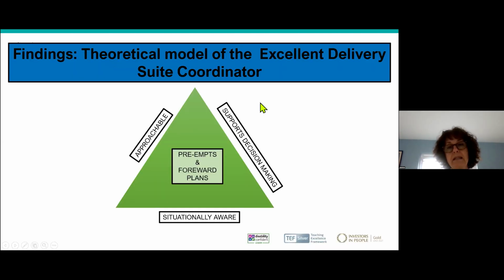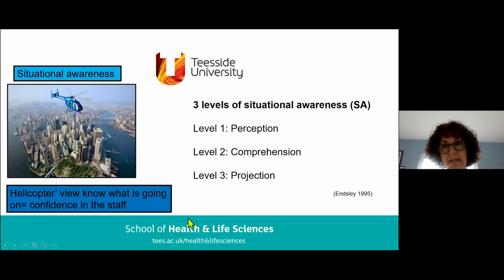So my findings: I developed a theoretical model of what makes an excellent delivery suite coordinator. I deliberately chose a triangle because if any of the sides are unstable or that aspect of the coordinator is missing, the labour ward becomes unstable and then that becomes unsafe for women. So let's look at these as separate entities.